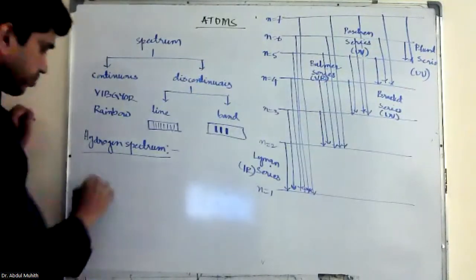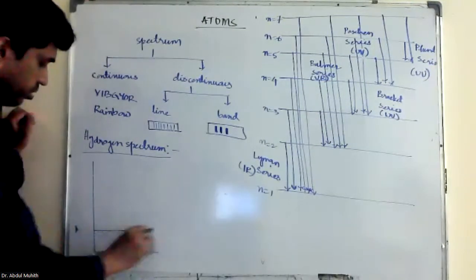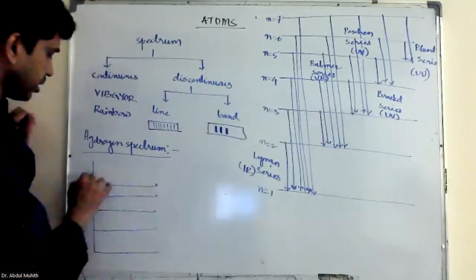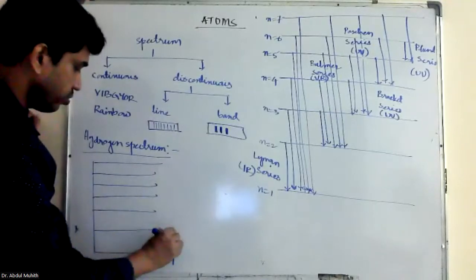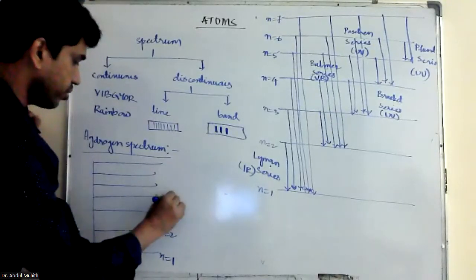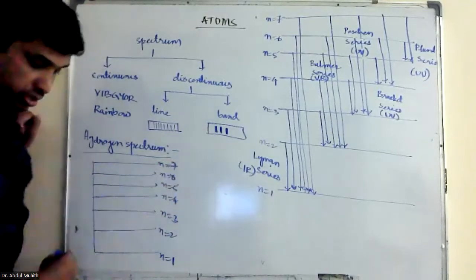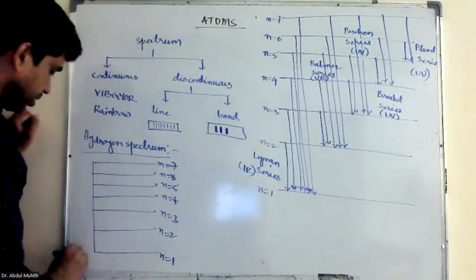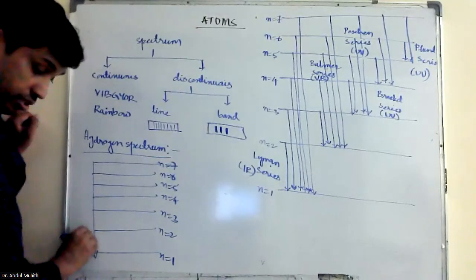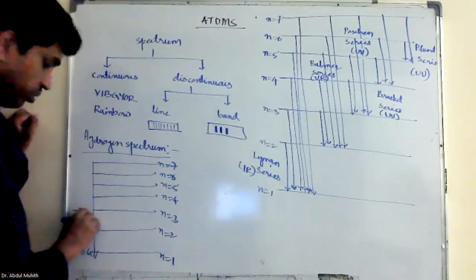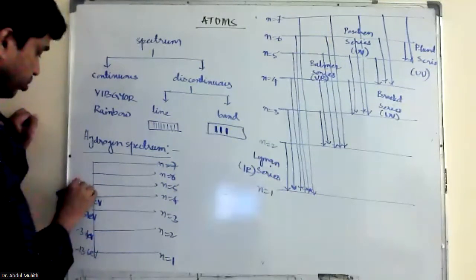Now, if you see the energy levels, every orbit has an energy. Suppose n equal to 1, 2, 3, 4, 5, 6, 7. The energies are minus 13.6 electron volt, minus 3.4 electron volt, minus 1.51 electron volt, minus 0.85 electron volt, minus 0.54 electron volt.